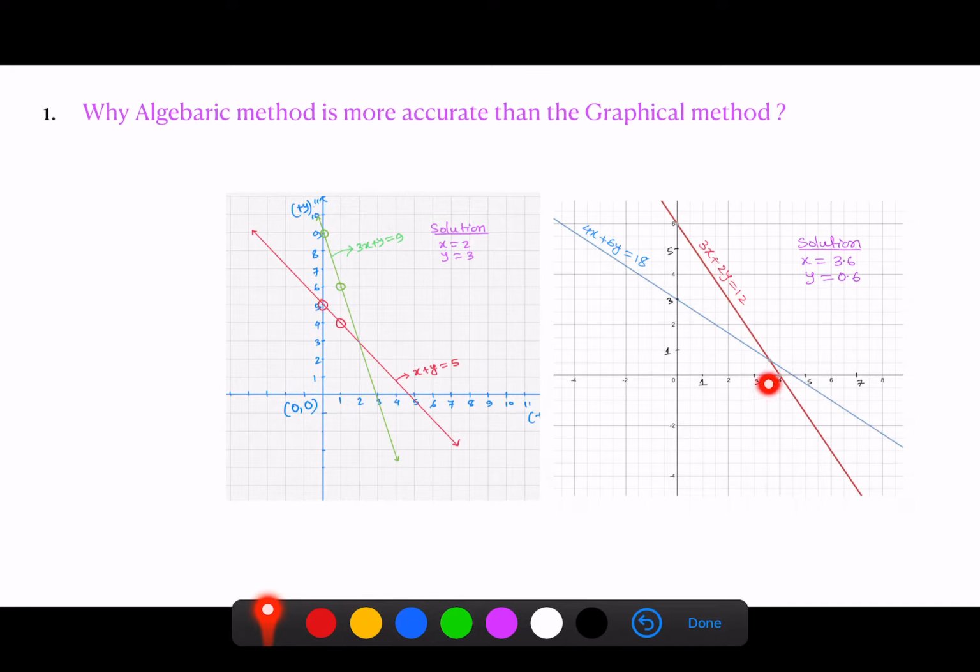Here x is about 3.5, this one is 3.6, and y equals 0.6, which is just above 0.5. So it is visually very difficult to find this intersection point. That's why the algebraic method is more accurate than the graphical method.